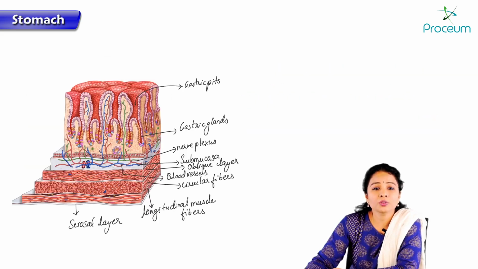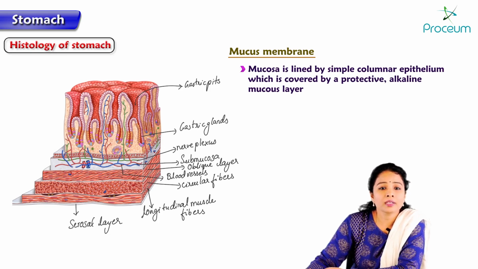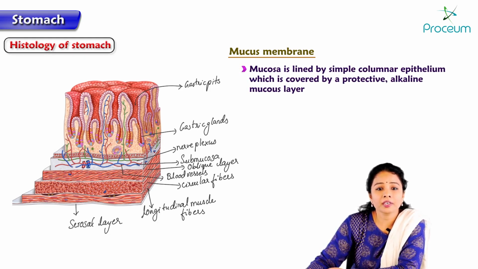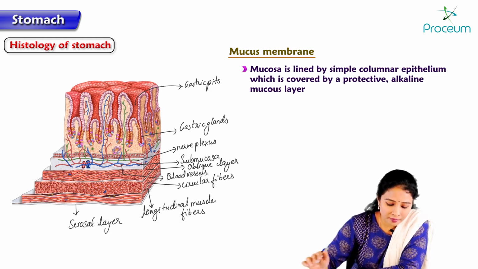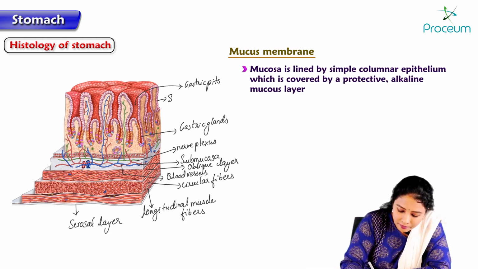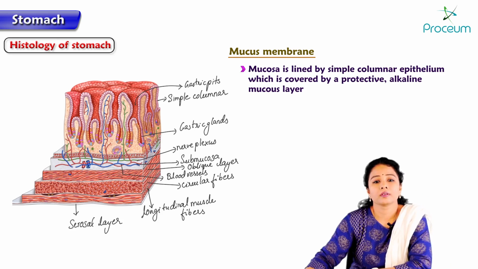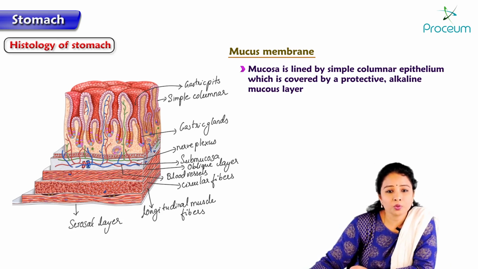So let us do the detailed microanatomy of stomach, that is the histology of stomach. Mucous membrane: the mucosa is lined by simple columnar epithelium, which is covered by a protective alkaline mucous layer. So here we can see simple columnar cells which form the gastric mucosa.